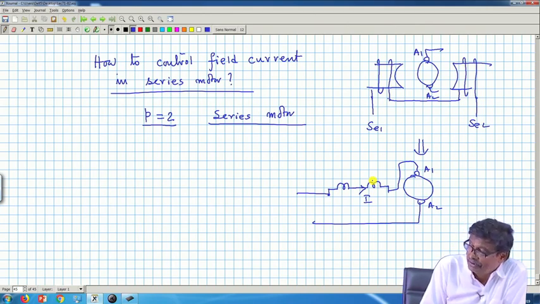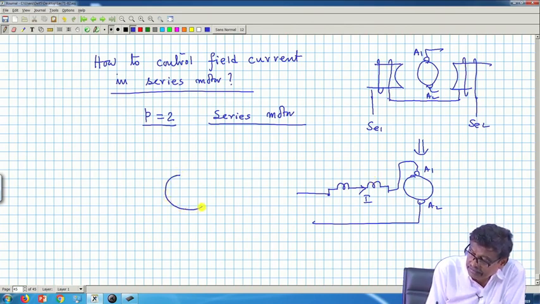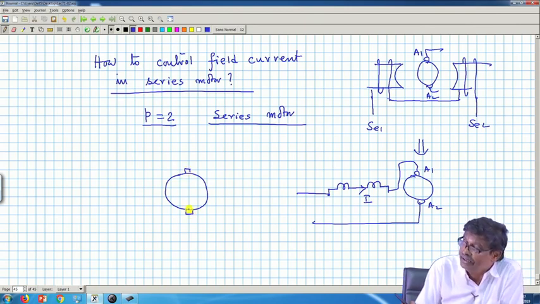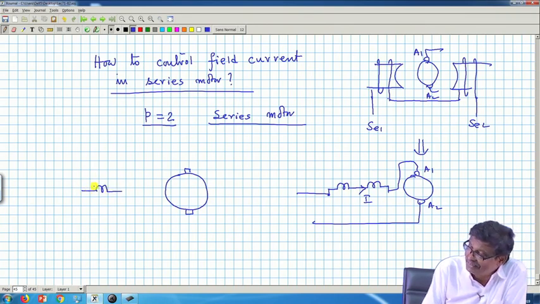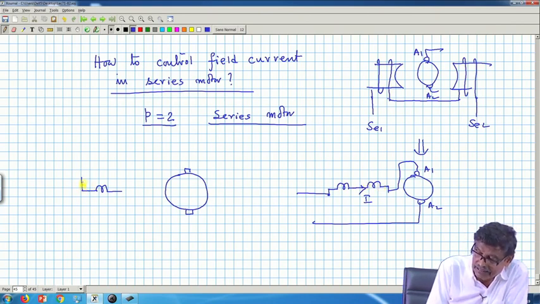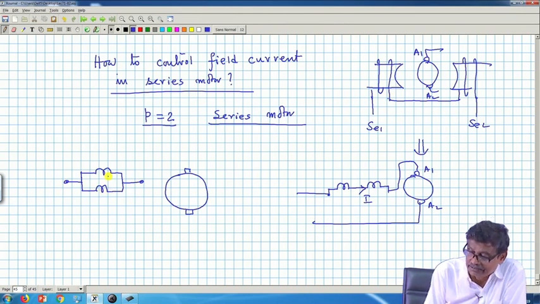But another innovation can be done. It is like this. This is the armature, fine. These two coils, I will connect them in parallel. This coil and this coil, I will connect them in parallel. And this I will treat as my field coil terminals and connect these two in series.